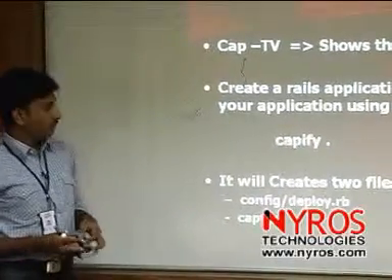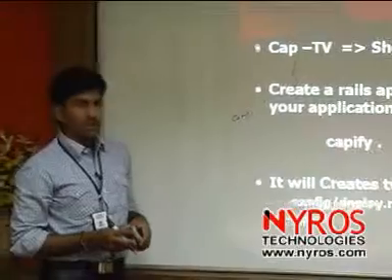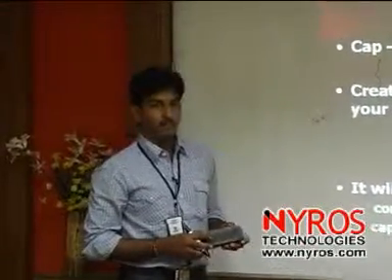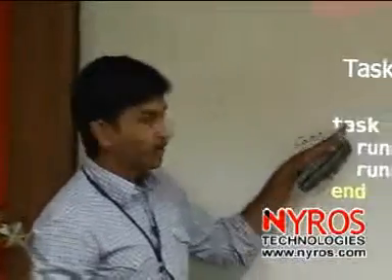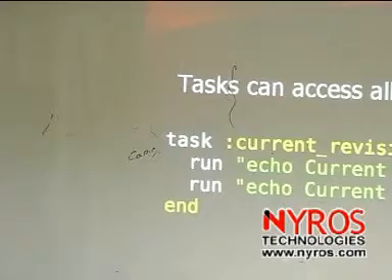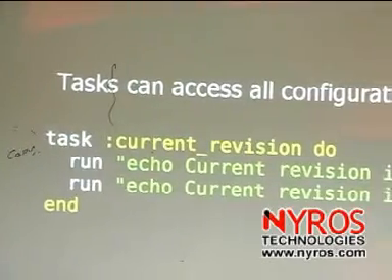What are you going to write in the Capfile? Just the path, rake tasks, I mean the required gems or plugins path. We can write any number of these tasks, like cluster start, run, start, stop.